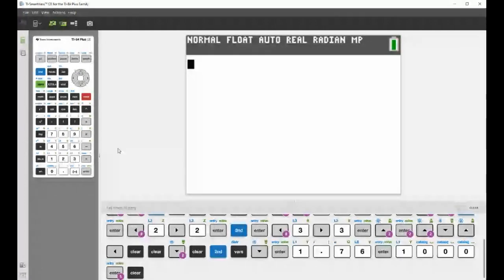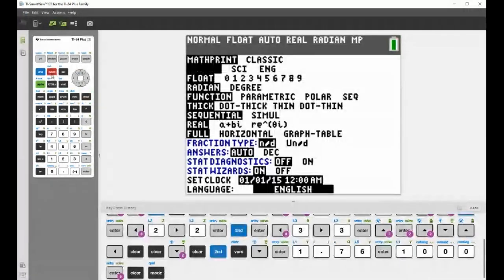The first thing you want to do is go to mode and make sure that it's in degree. I think that's maybe the problem. Oh, it was, yes. Because we're doing everything in degree mode, you have to make sure that it's in degree first.